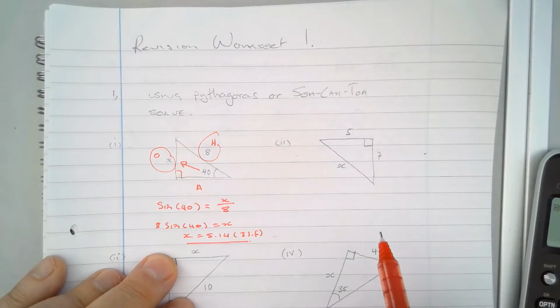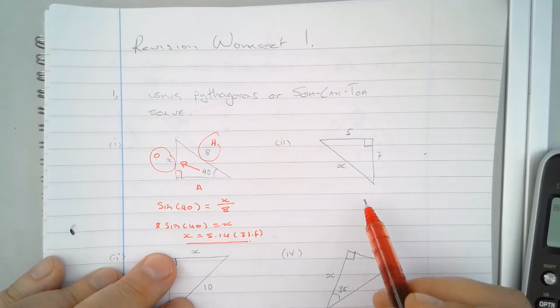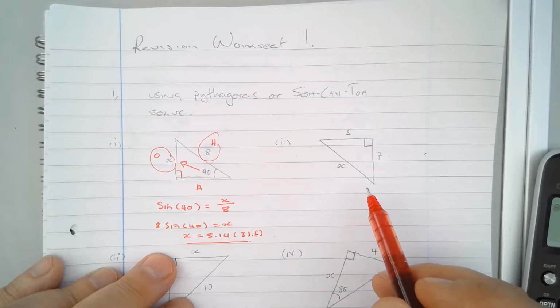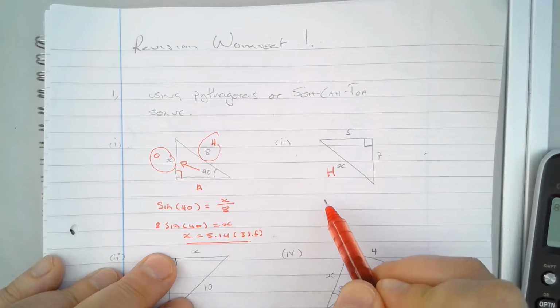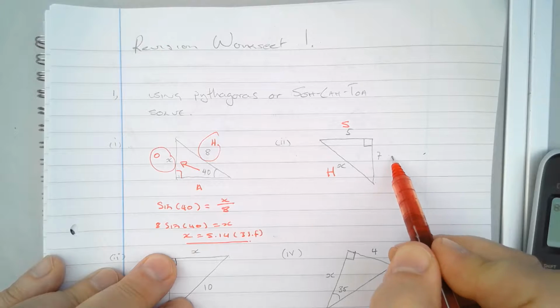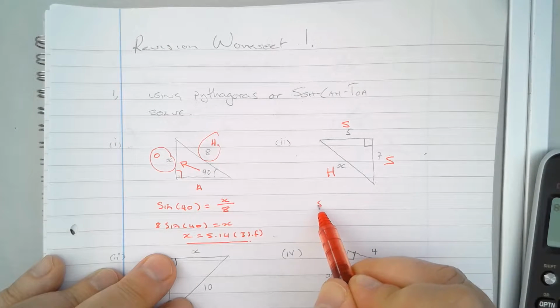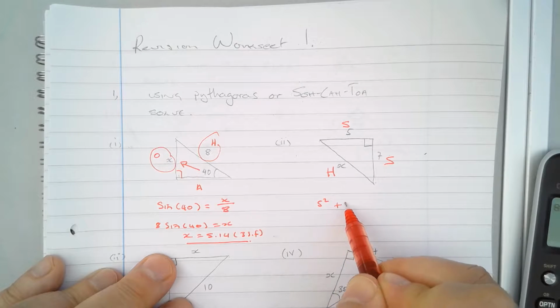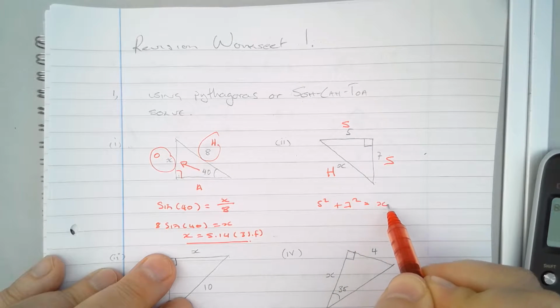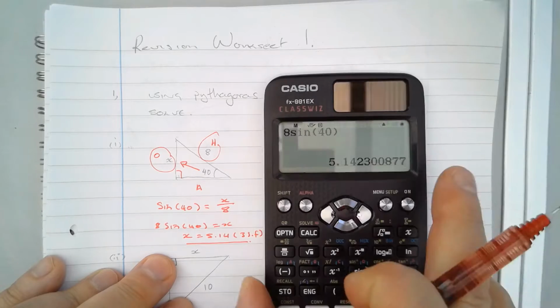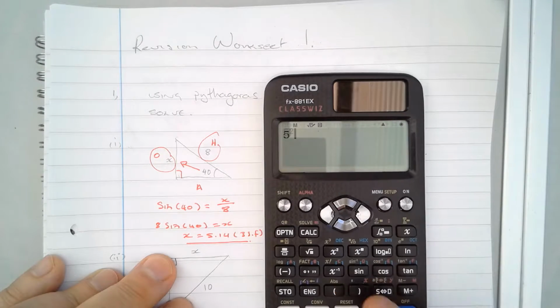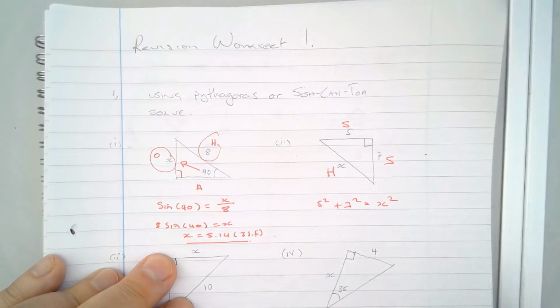For the next one, we've got no angle, so I think you must be dealing with Pythagoras. Let's do the hypotenuse first, making this the short side, that the short side, and as you know, short side squared plus short side squared equals the hypotenuse squared. So I go 5 squared plus 7 squared equals 74.